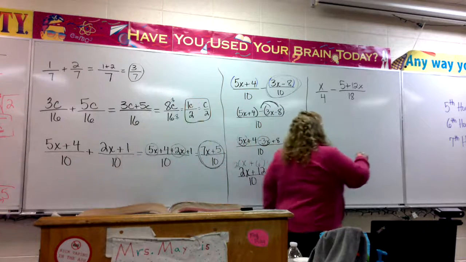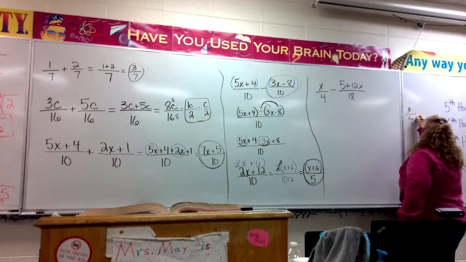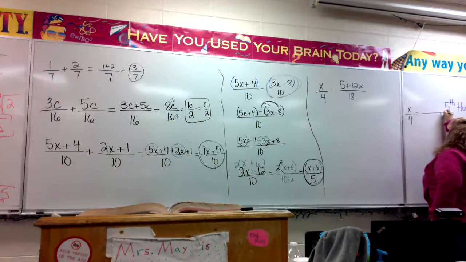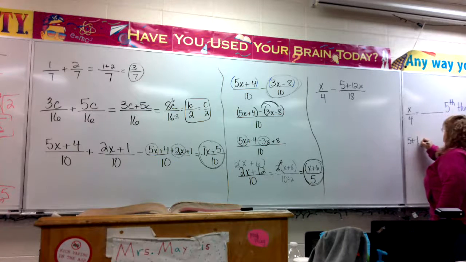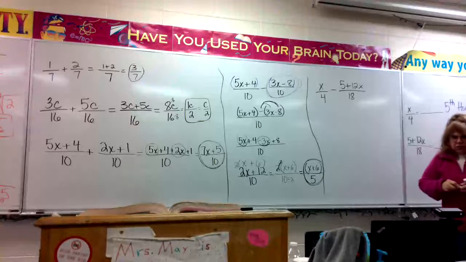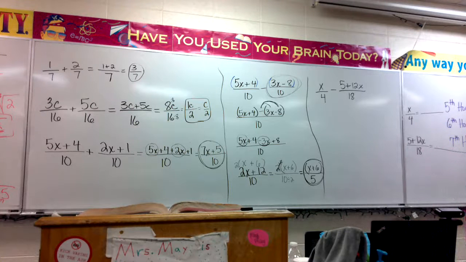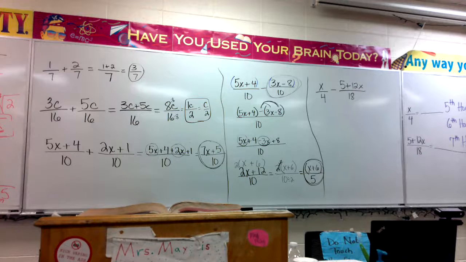While you're thinking about what it will be, x over 4, take away 5 plus 12x over 18. I have a 4. I have an 18. What would my common denominator be?